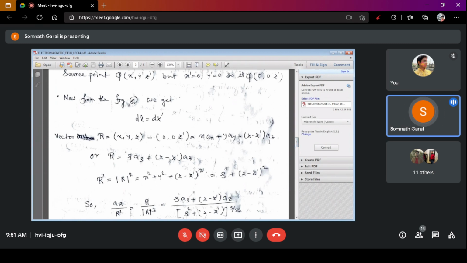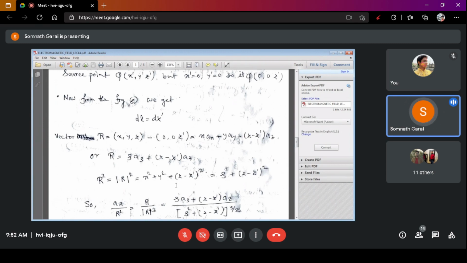So the magnitude of R is root under x square plus y square plus z minus z dot square. Then if we again take the square, the root will be cancelled out. So R square will be x square plus y square plus z minus z dot square, right?